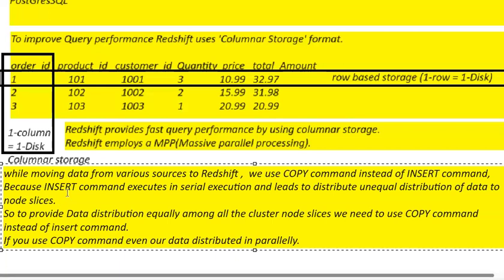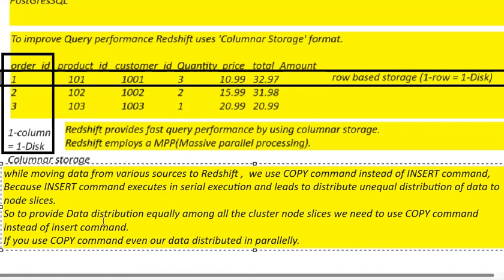So you have learned these two points: when moving your data from various sources to Redshift, we use the copy command instead of insert, because the insert command executes in serial execution and leads to unequal distribution of your data to node slices.